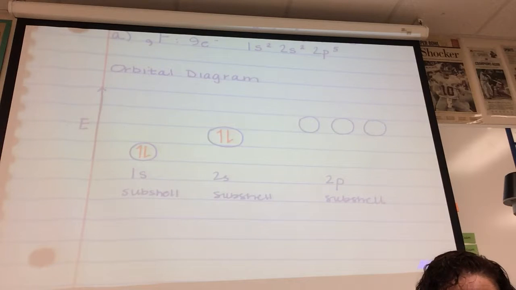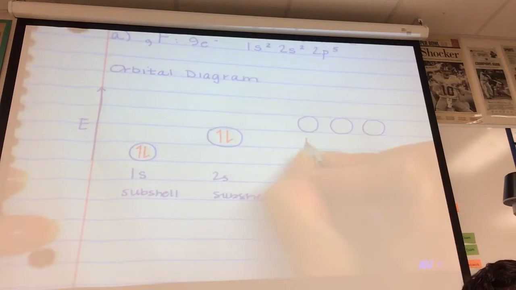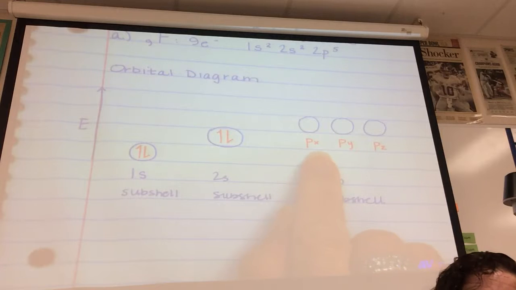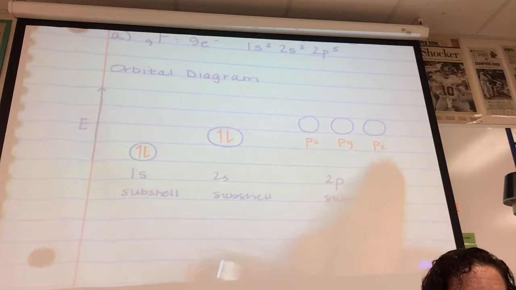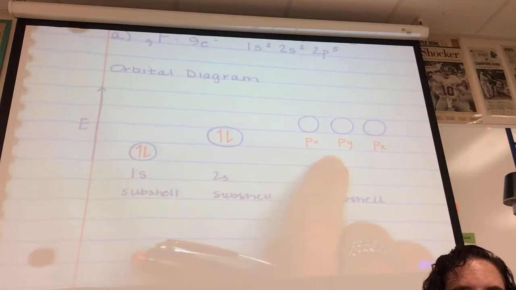Now here's the tricky part. Sometimes this is thought of as the px, the py, and the pz orbital, because this one's oriented around the x-axis, the y, and the z-axis. The sublevel is full. I move to the next one.